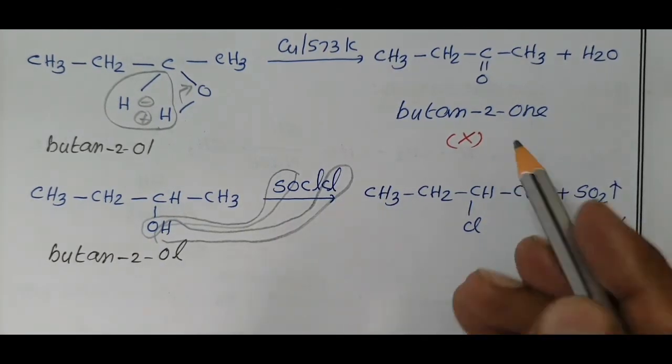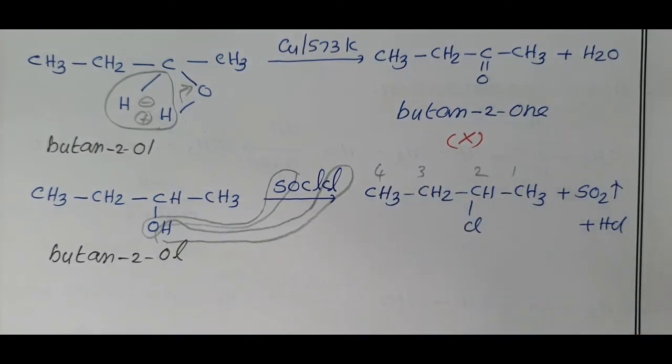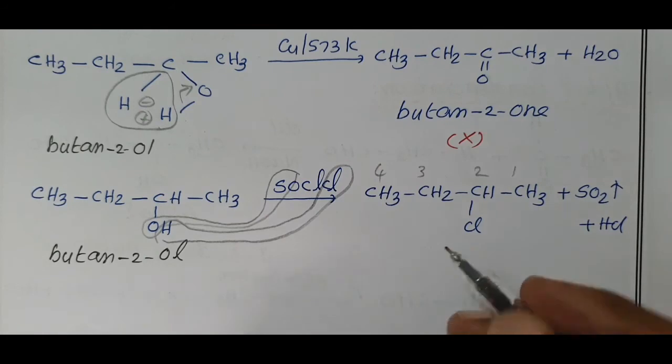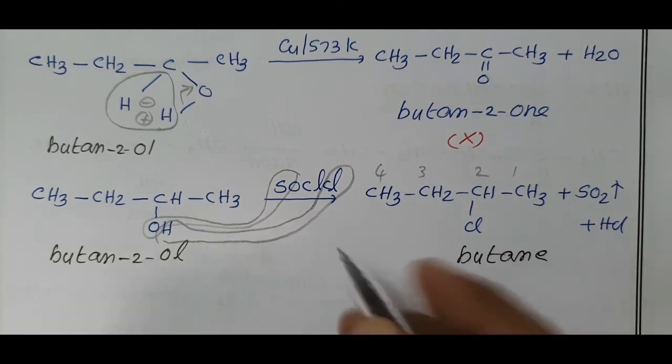When I give the numbering 1, 2, 3, 4, it is a four carbon butane with a chloro group on the second carbon.